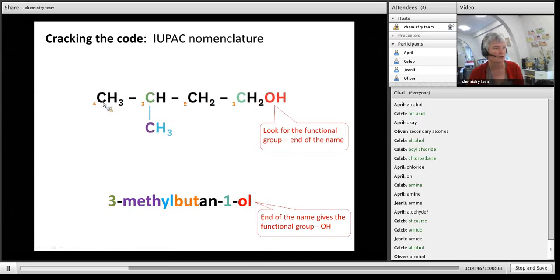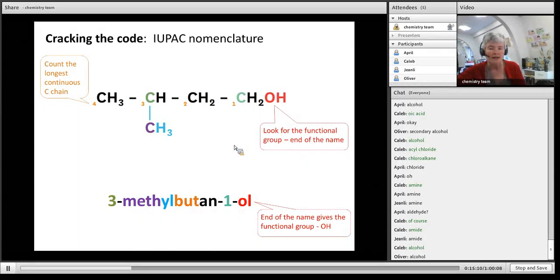Or go here, down, and up again, and along. It's got to be continuous. You can't backtrack, you can't hop or anything. So your longest chain is either along here or down there. In each case, it would be 4 carbons. But we're just going to go for the straight one. And can you see in orange, I've got 4 carbons in that longest chain.